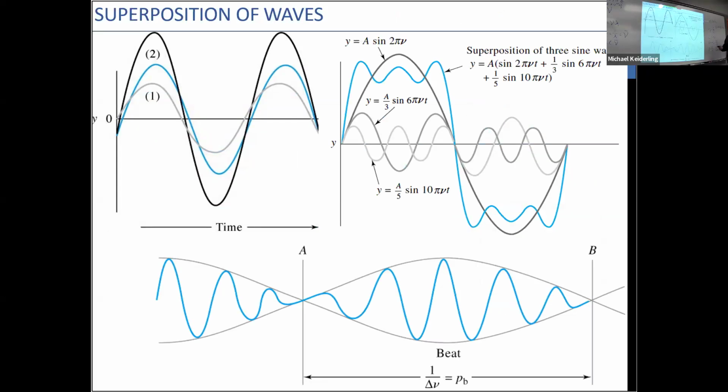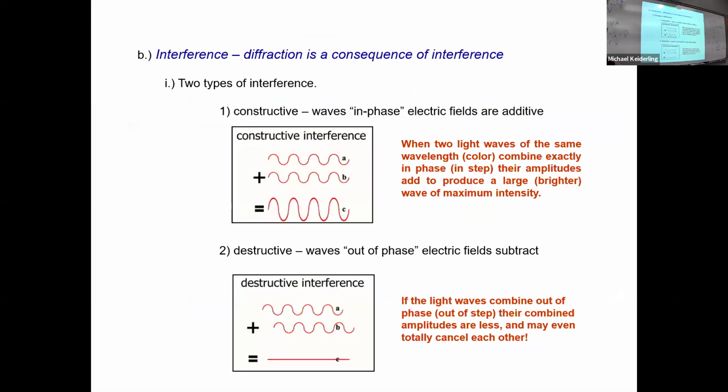Another thing that happens is that waves will add up. They will superimpose. If you have multiple waves on top of each other, they add up and they can combine. So here are waves at two frequencies combining. Sometimes they're lined up, sometimes they're out of line, and you get what's called a beating effect. Interference can be constructive, where the waves are lined up together and add up to create a larger, stronger wave.